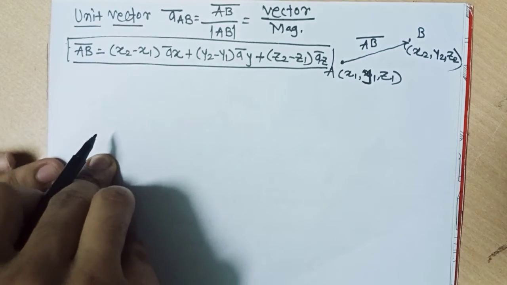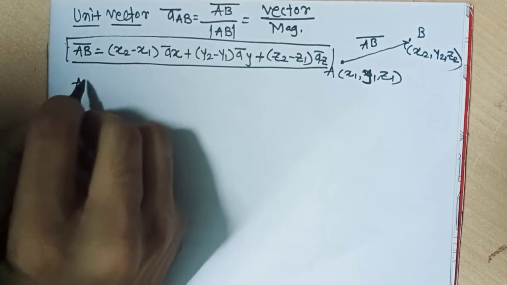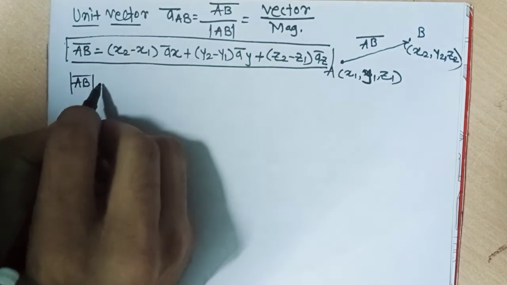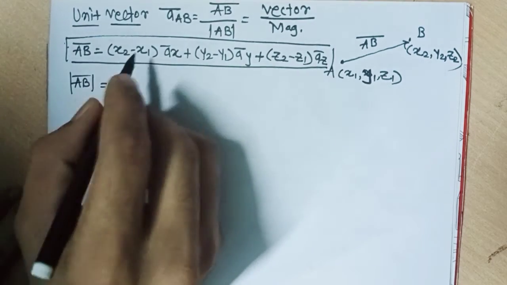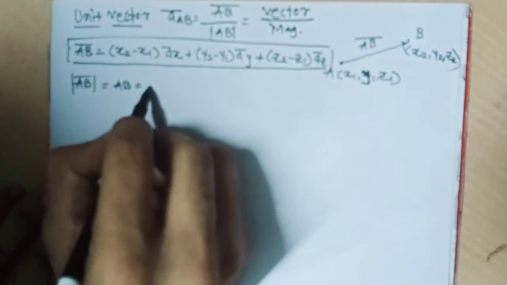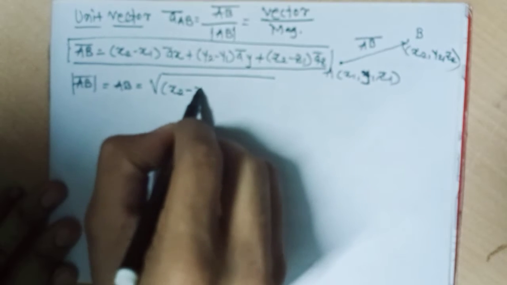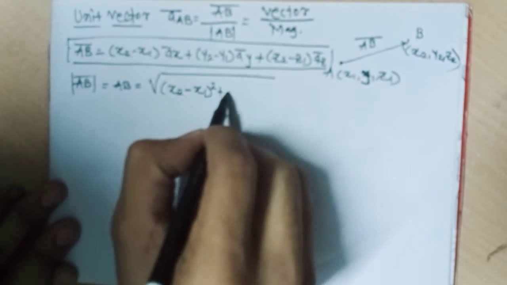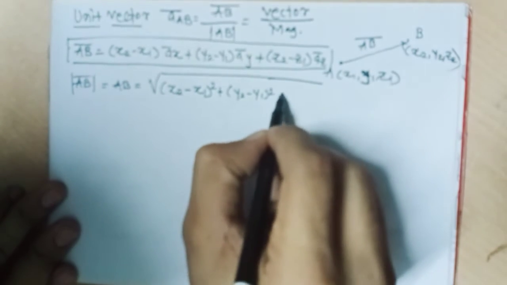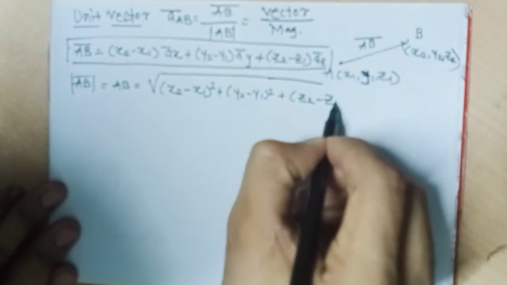Next, to find the magnitude, a similar formula is readily available. So for this vector AB bar, we can easily write mod of AB, or simply AB, is equal to under root of x2 minus x1 bracket square plus y2 minus y1 bracket square plus z2 minus z1 bracket square.